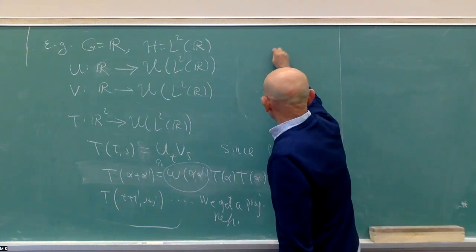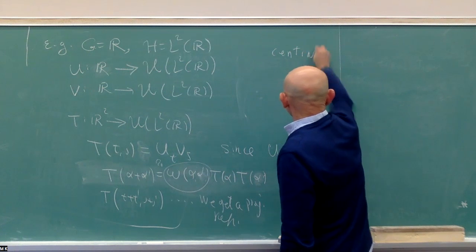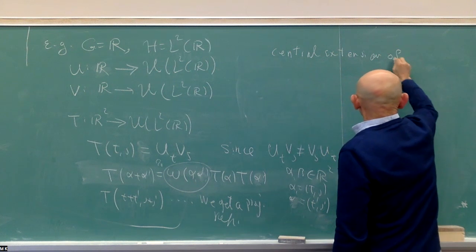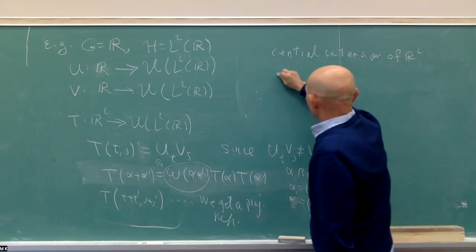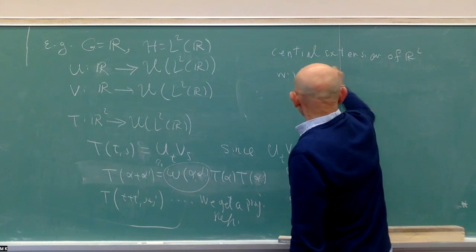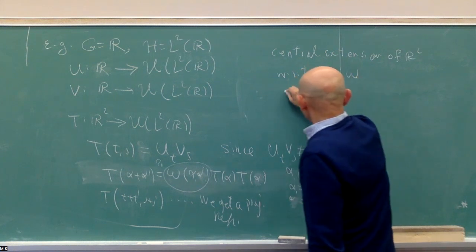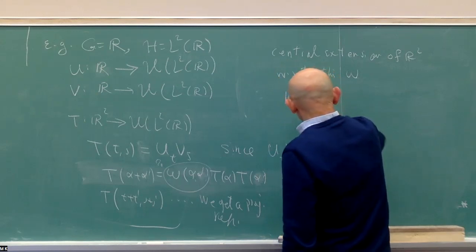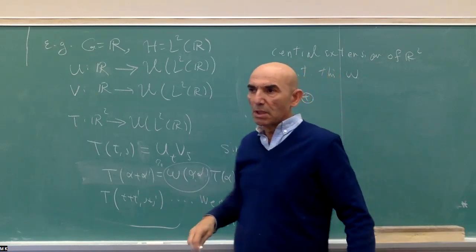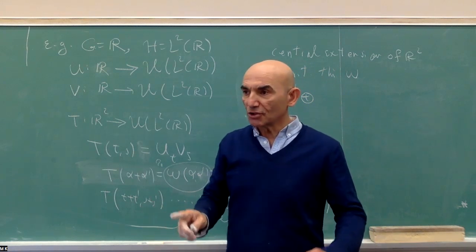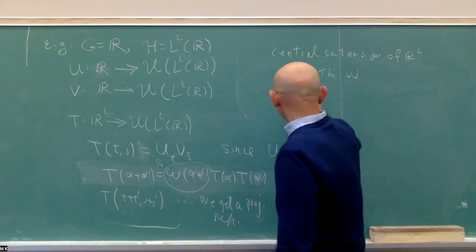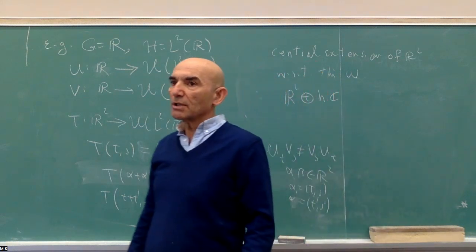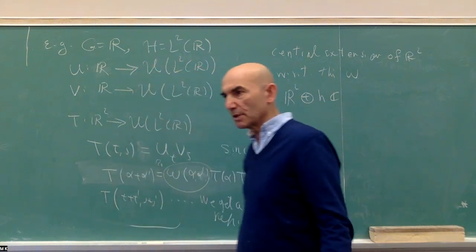But the central extension of R2 with respect to this omega is going to be like R2 direct sum, now I'm going to put some H instead of C. This turns out to be actually the Heisenberg group, the famous Heisenberg.